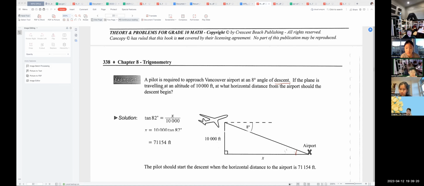If the plane is traveling at an altitude of 10,000 feet, at what horizontal distance from the airport should the descent begin?